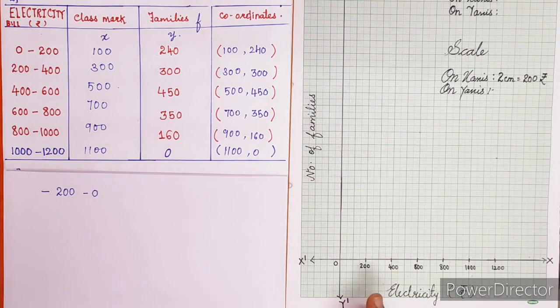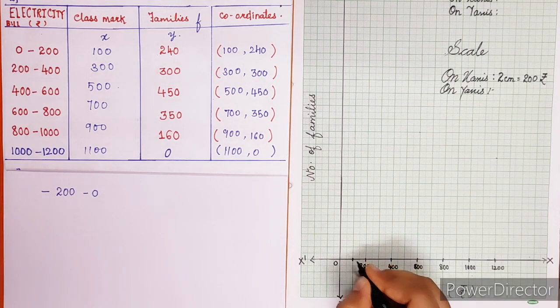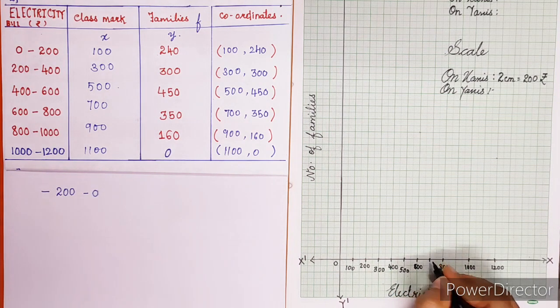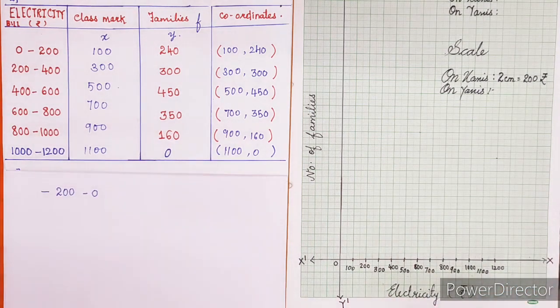Now instead of plotting the class, we have to plot the class mark. So this will be your 100, 300, 500, 700, 900, 1100. So your x-axis is ready. Now coming to the y-axis.